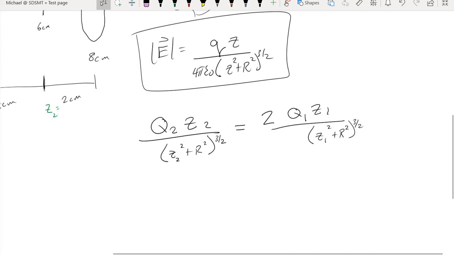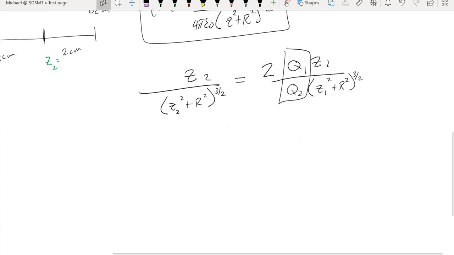The first thing I'll do is divide each side by Q2 so I can at least get the combination that I want. And then I'll work at moving everything else over. So I have Z2 over Z2 squared plus R squared to the 3/2 power.